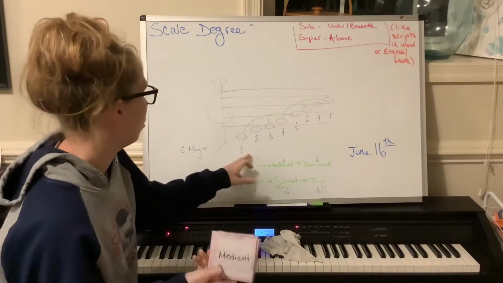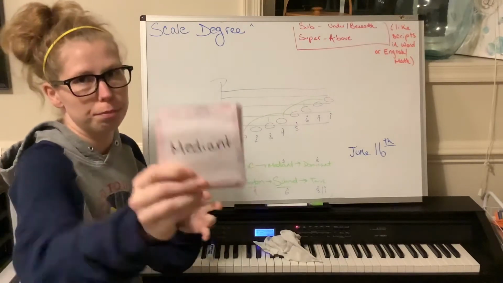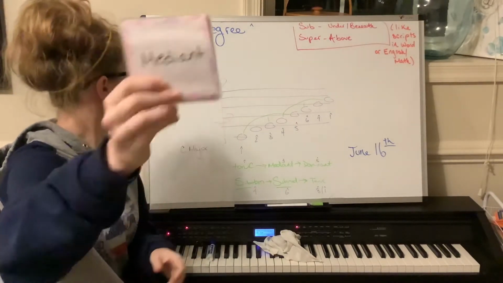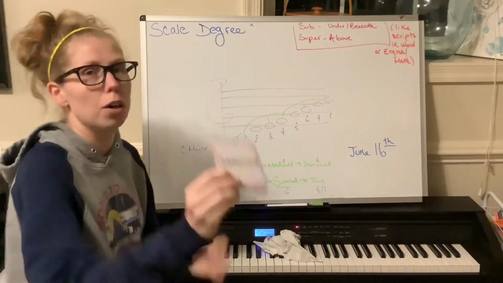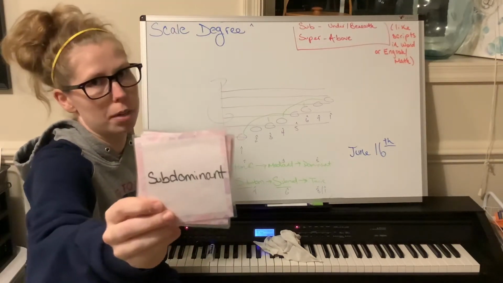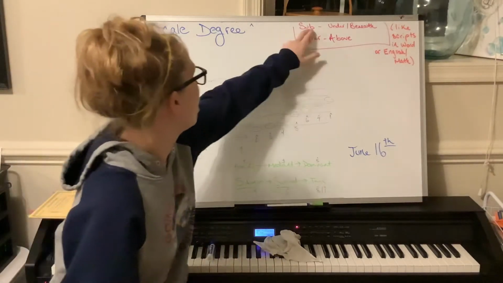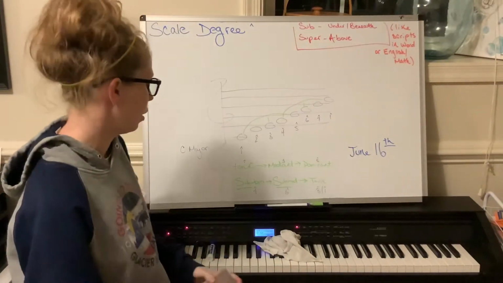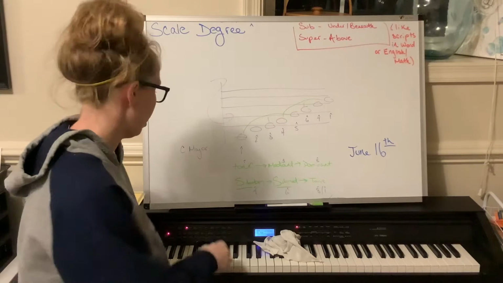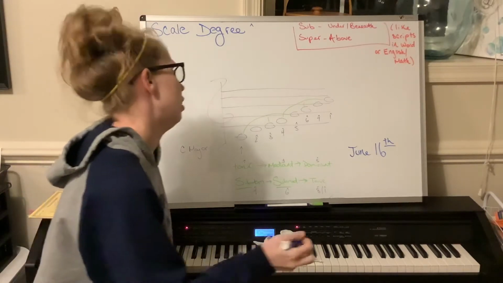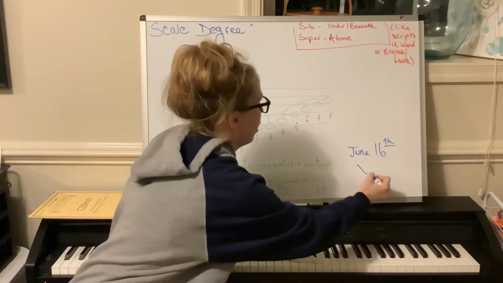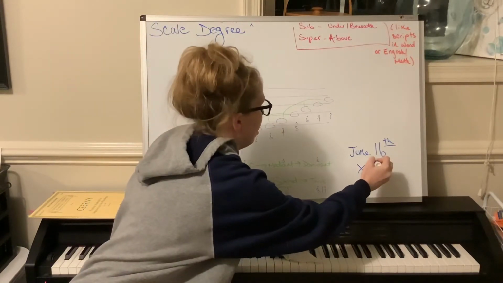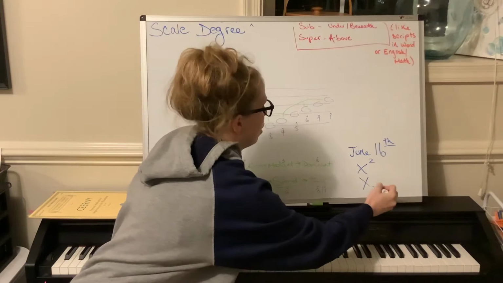The third is called the mediant. The fourth is called the subdominant. And sub means under. Just like in math, you can have a term that's up here, like an exponent, or you can have something that's down here.